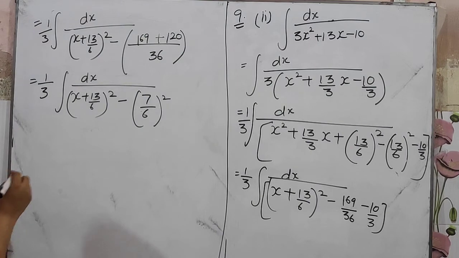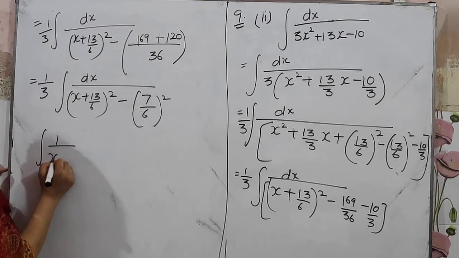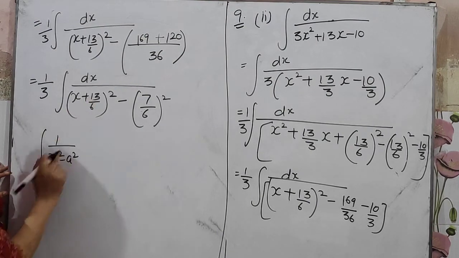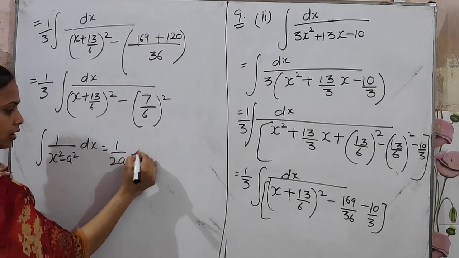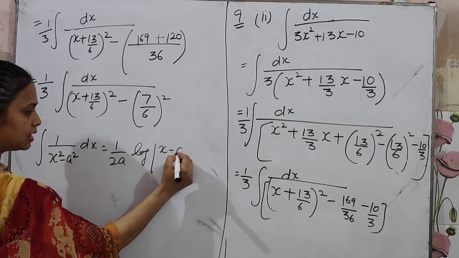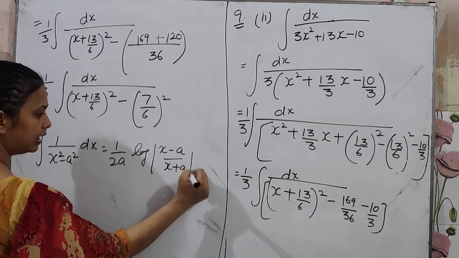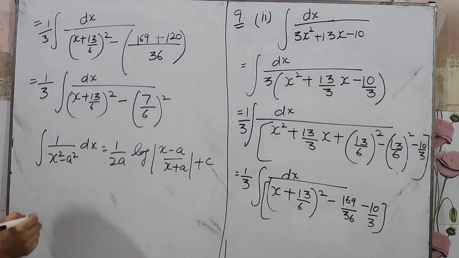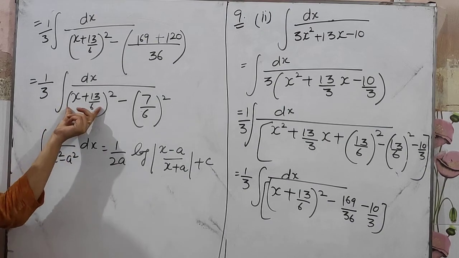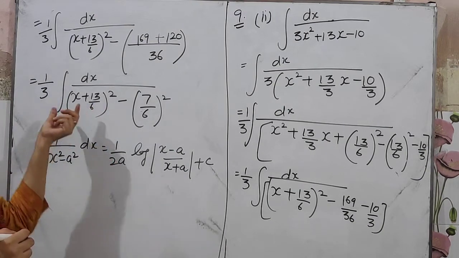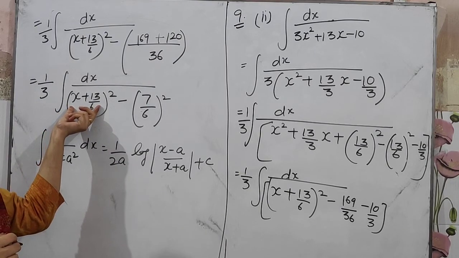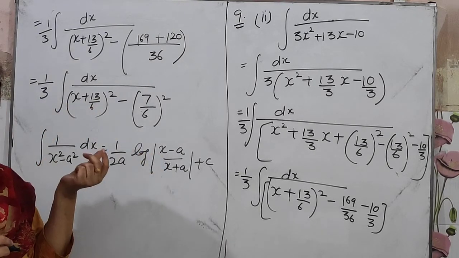And we have done the formula for the integration of dx upon x square minus a square, which is 1 by 2a log of x minus a upon x plus a plus c. So apply it here. For x plus 13 by 6, what is its derivative? 1. So you will consider x plus 13 by 6 as x only.